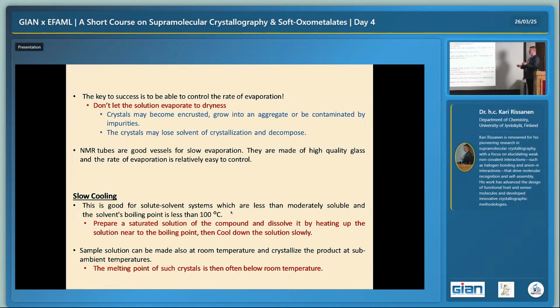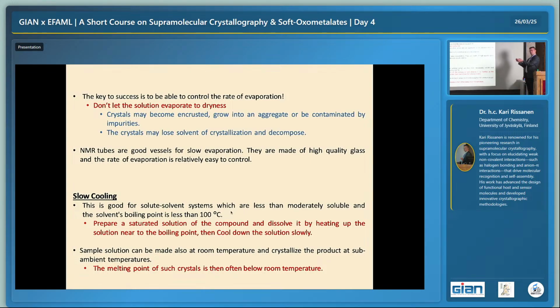But what you do is that you heat it up. So you look for a system where your molecule is soluble at elevated temperature, but not at lower temperature. Let's say it's completely soluble at 70 degrees, but not soluble at room temperature. So what you simply do is put your substance in the solvent, heat it up to 70, then close it, put a cork on, and let it stand.